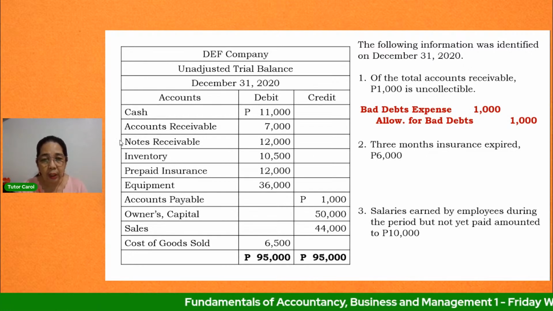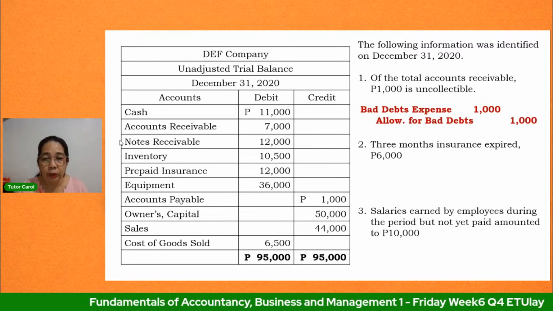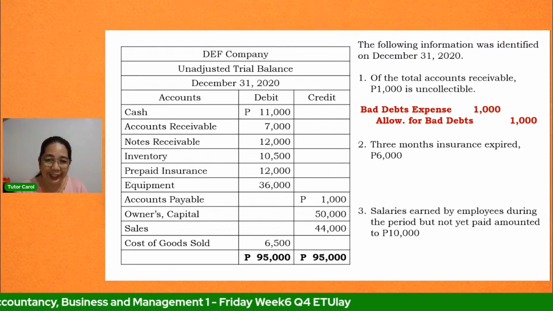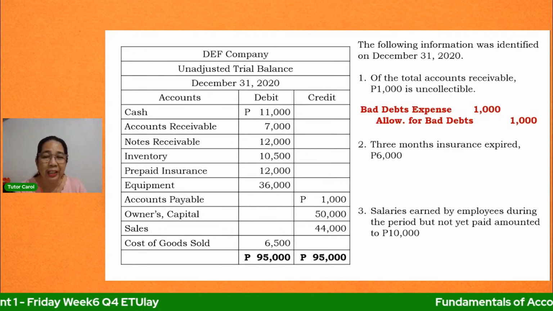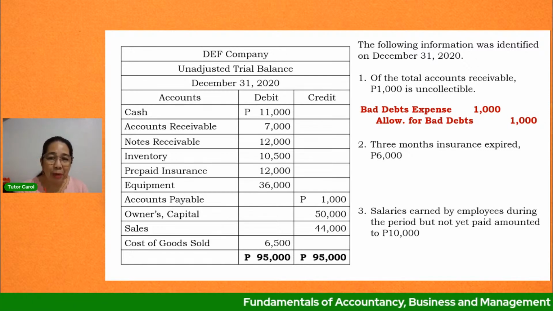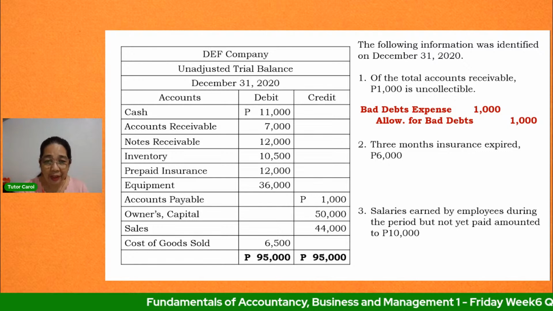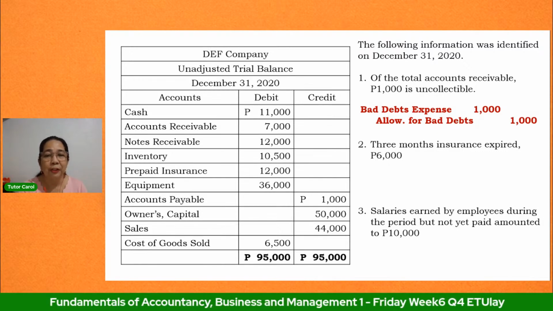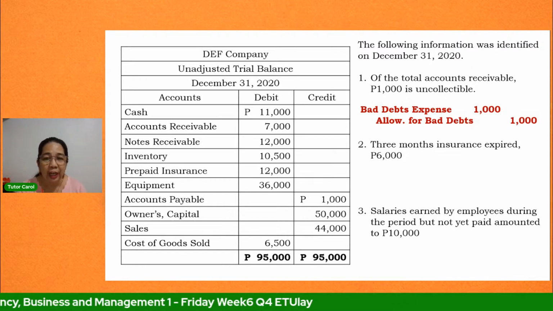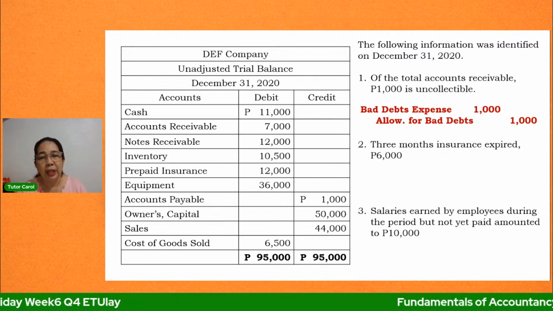What type of adjustment? Sige, bad debts yan. Ito yung ating magiging adjusting entries: debit bad debts expense, 1,000, and credit allowance for bad debts, 1,000 pesos. Kasi uncollectible na, sure na, kaya direct write-off na ang ginamit niya.